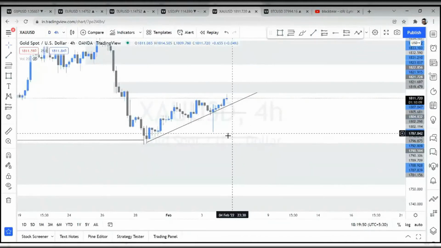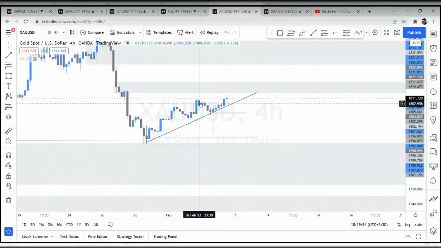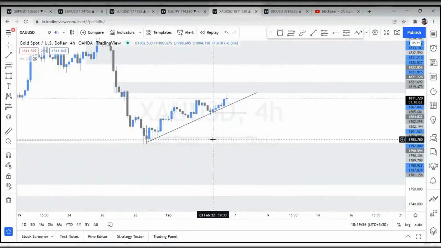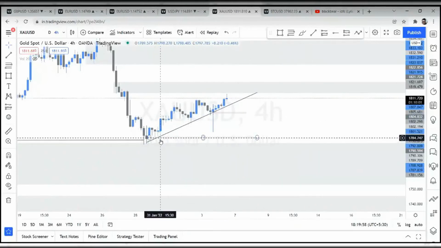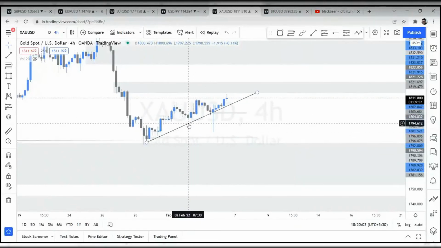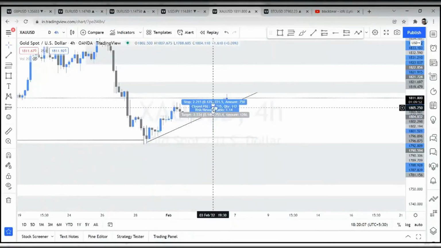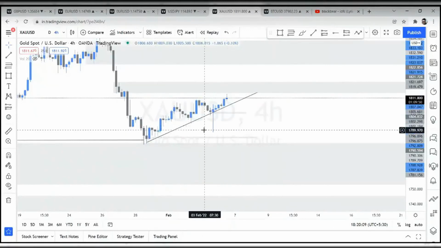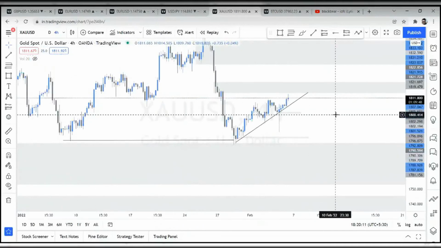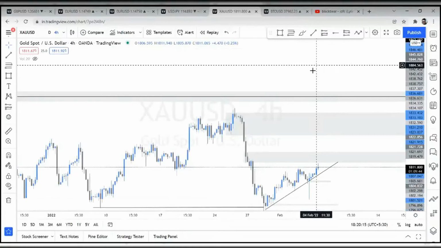What do we have here? We broke the trend line here, taking out all the buyers and all the stop losses, and then it moved up. It's already grabbed the liquidity, and it's been bullish up until this area.